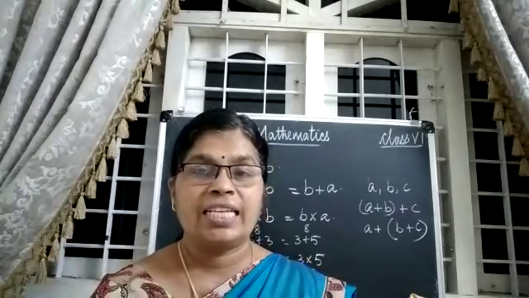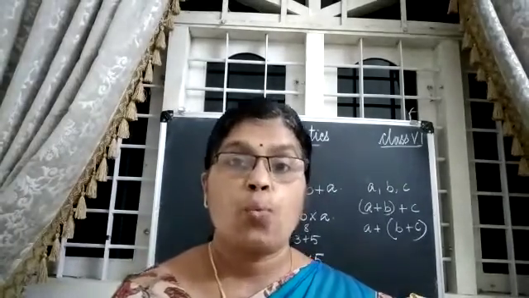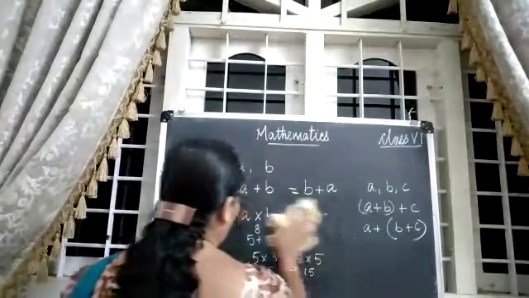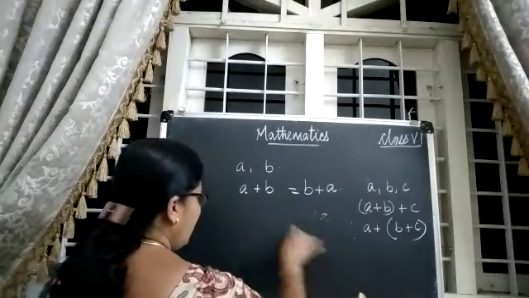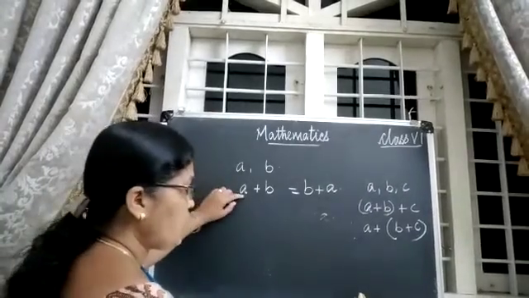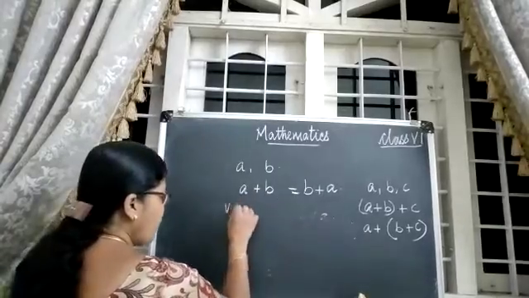These English alphabets we call in maths variables. What are variables? The unknown numbers. The values of these numbers we don't know. So these unknown numbers, this A and B, we call variables.